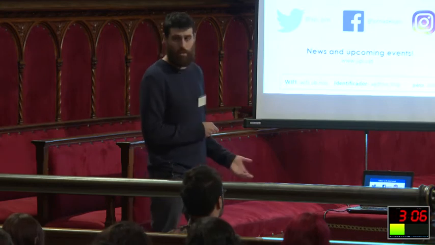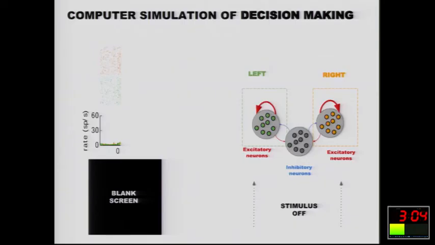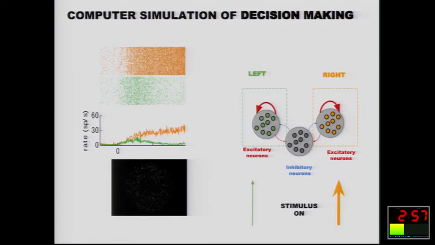Okay. When there is no stimulus, both populations have a low firing rate. It's a similar pattern of activity to what Joao has shown before. When we introduce the stimulus, in this case a right stimulus, then the right population receives much more input than the left one. This means that the firing rate of the right population increases, while the left population keeps a low firing rate.